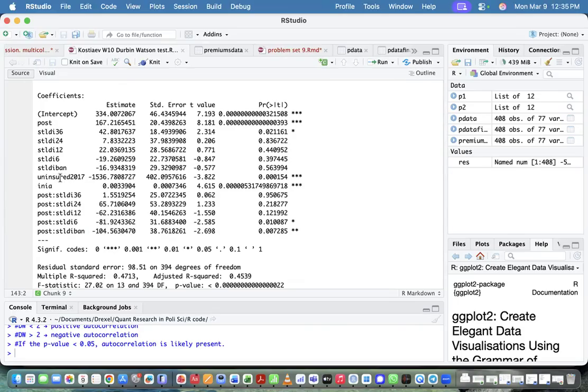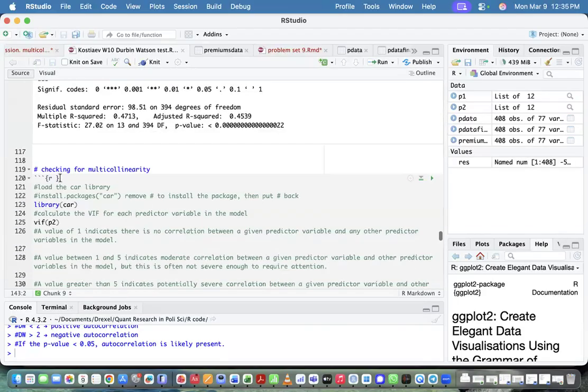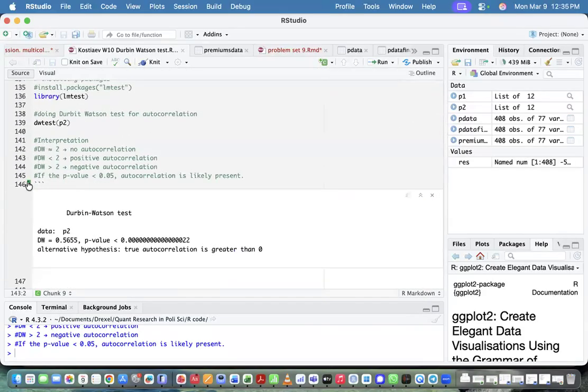Like the more you pay for your premiums, it is likely more people will be uninsured, and this is why it is a positive autocorrelation. Do you understand what I am saying? The larger the premiums, the more uninsured people we have in the state. It's a very simple connection here.